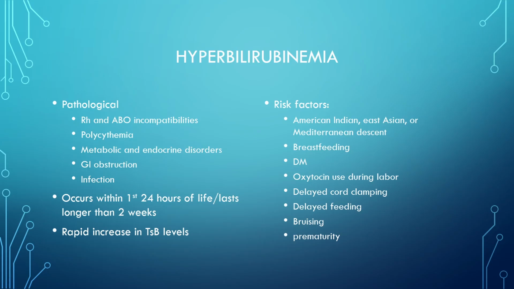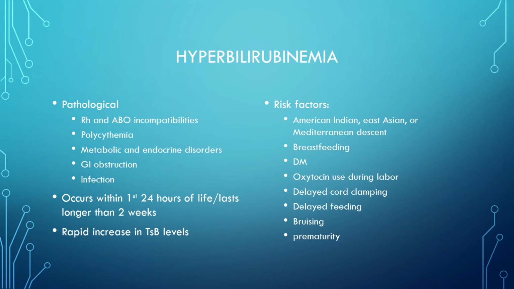This one occurs within the first 24 hours of life and can last longer than 2 weeks. You'll also see with this a rapid increase in their bilirubin levels. So pathological jaundice can be due to blood incompatibilities. So either the Rh factor, where mom's an Rh negative and baby's a positive, or even an ABO incompatibility.